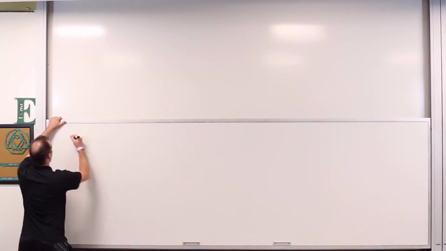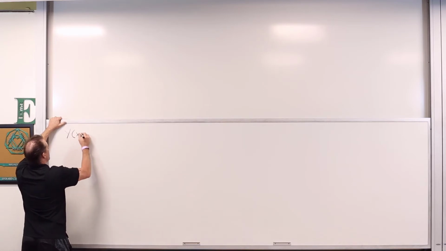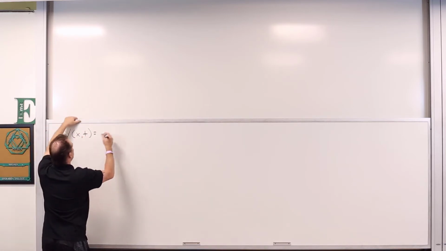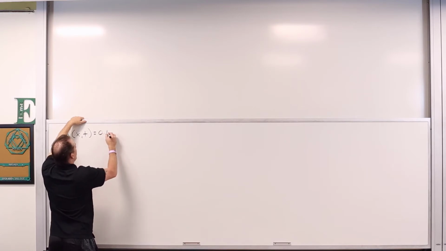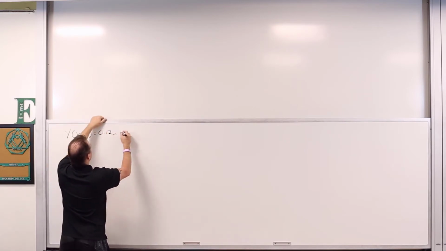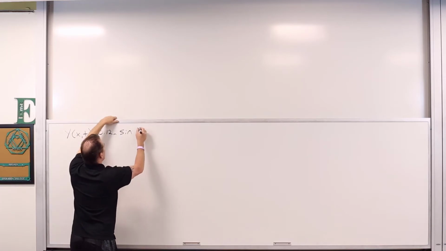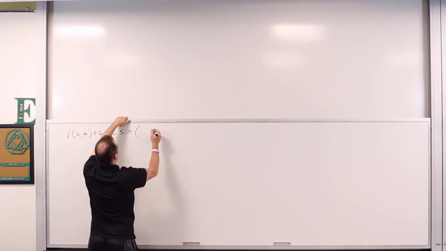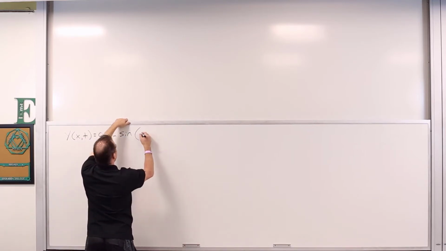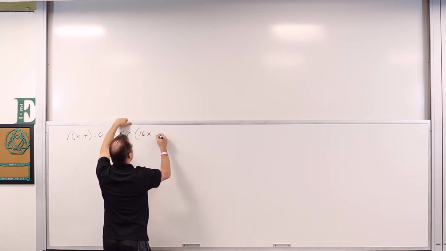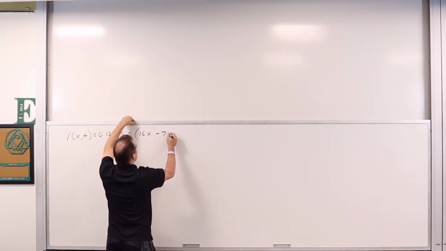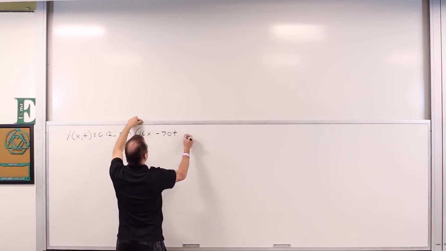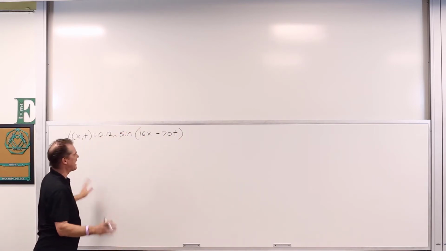We've got ourselves a wave that is modeled by the expression y of x and t equals 0.12 meters times the sine of 16x minus 70t. And we're assuming SI units for all this stuff.